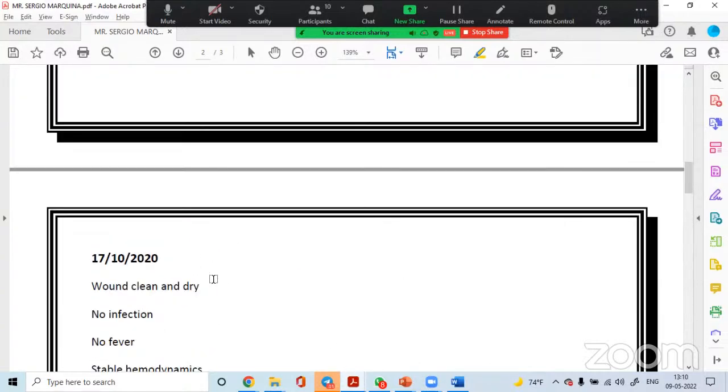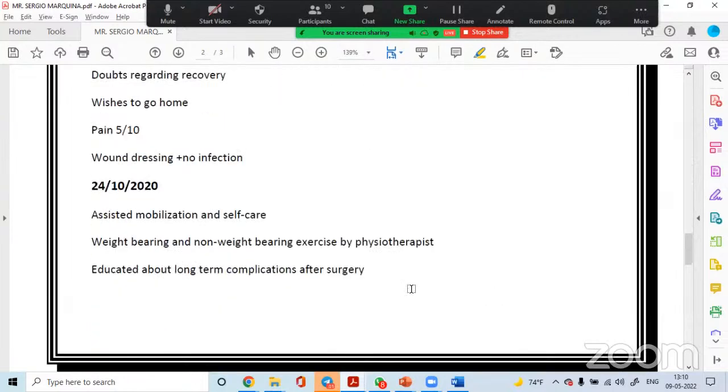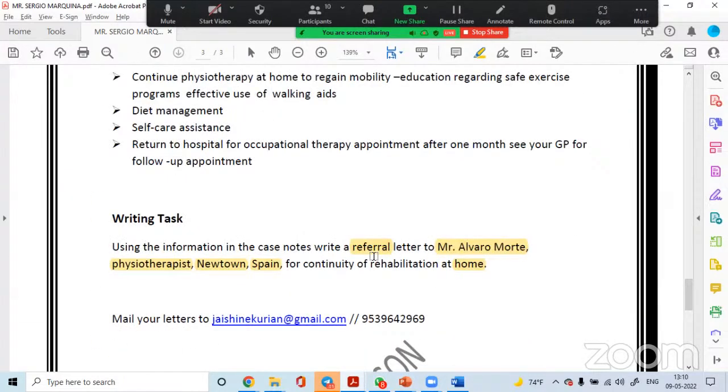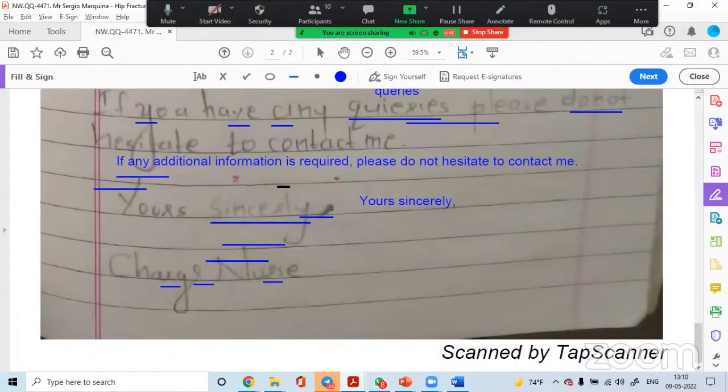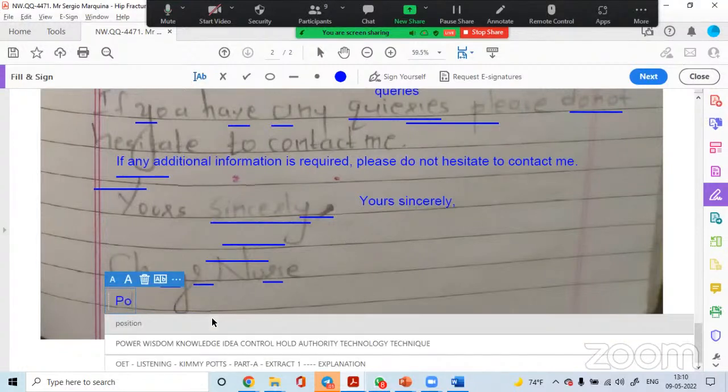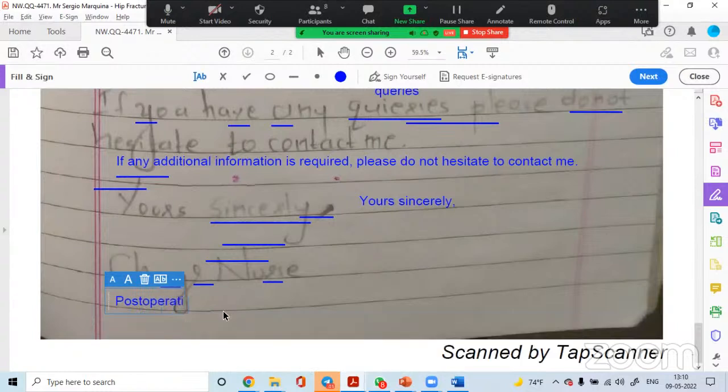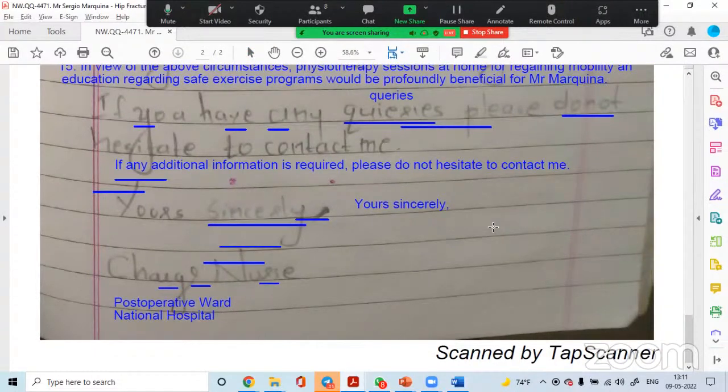Discharge. Okay, so post-operative ward, national hospital. So you could have written there post-operative ward, national hospital. So like that, finished. So that is the letter.